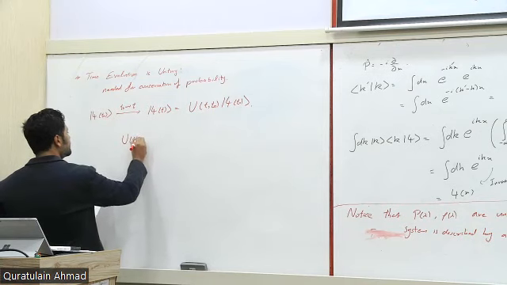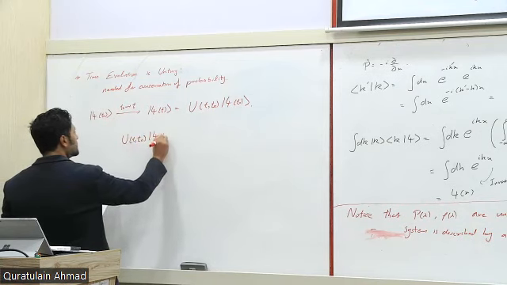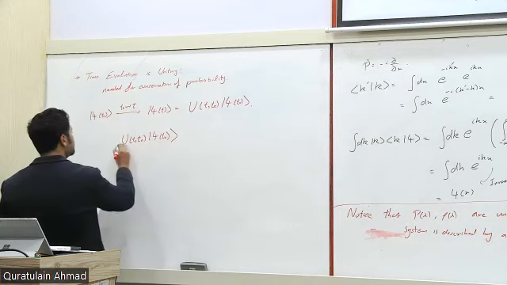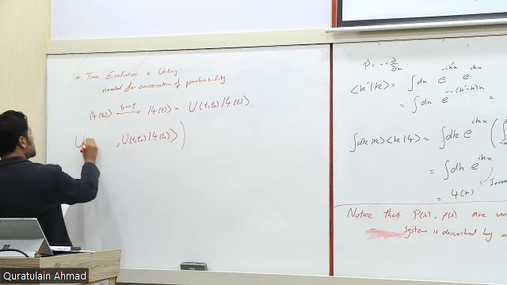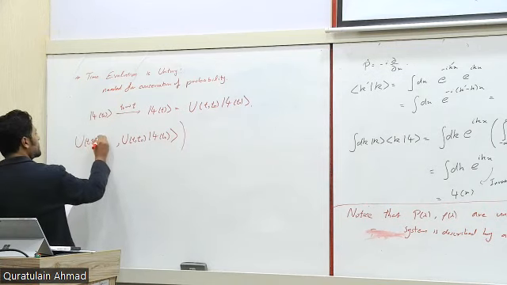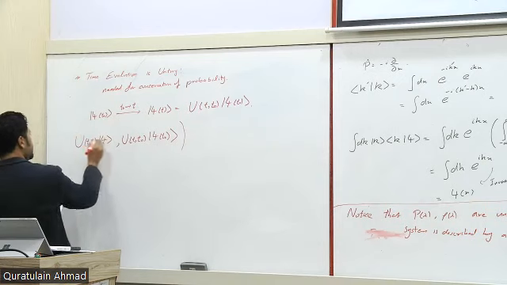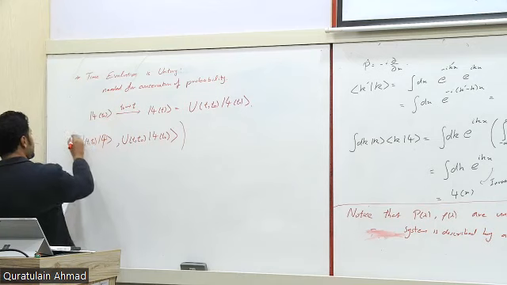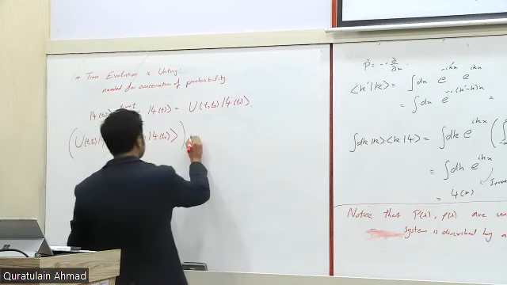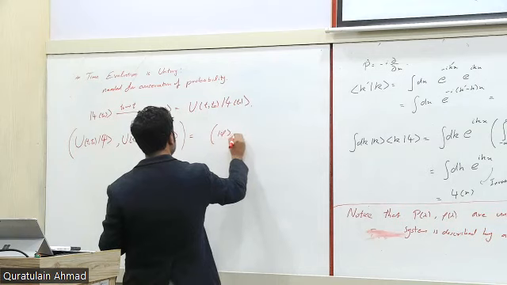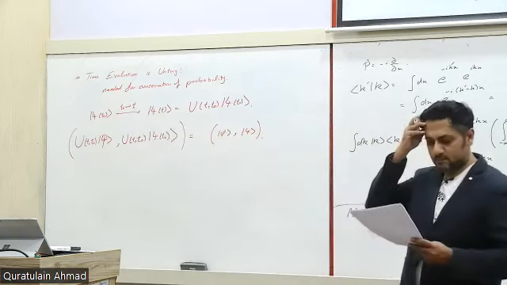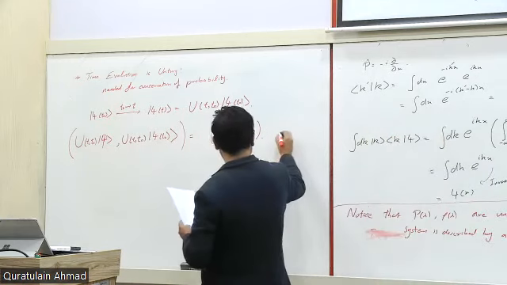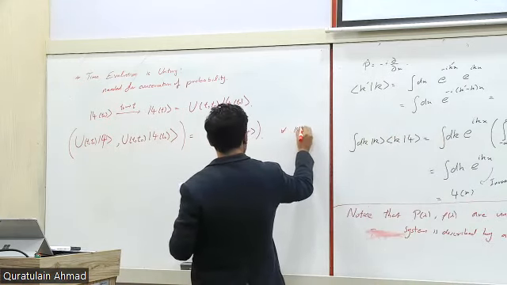Unitary means that this scalar product, I could even have another vector here, is the same as for all phi, psi.